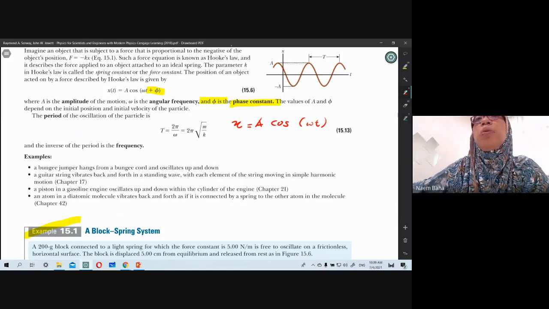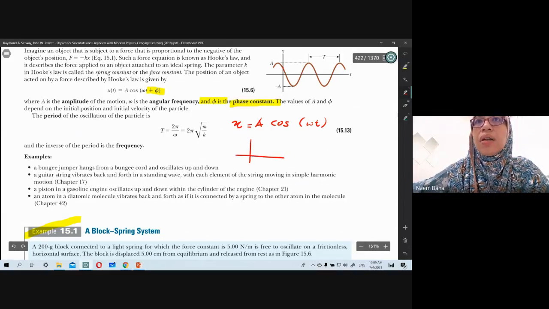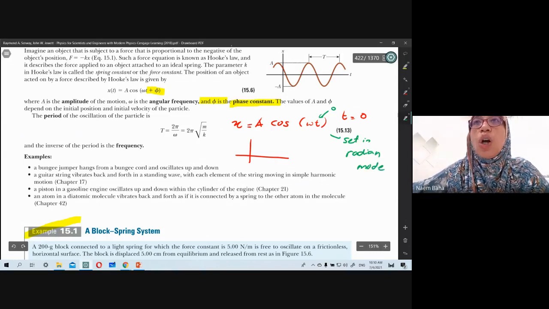Number 1, when you use this expression, bear in mind when t is equivalent to 0, use your calculator, set it in radian mode. Let's play around. So cos 0 is equivalent to 1.